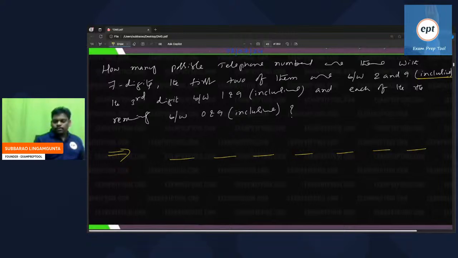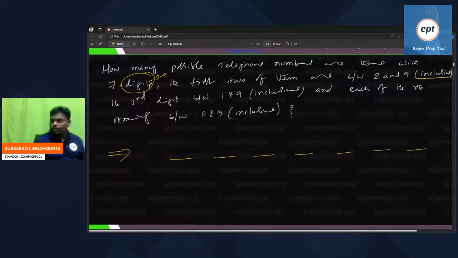The first two of them are between 2 and 9 inclusive: 2, 3, 4, 5, 6, 7, 8, 9. That is 8 possibilities.